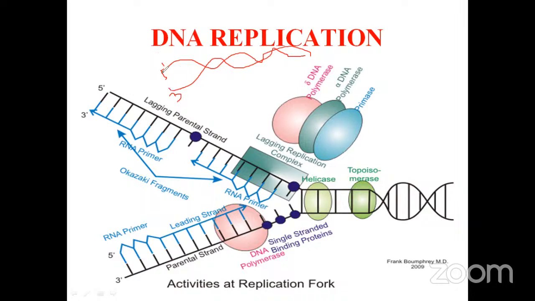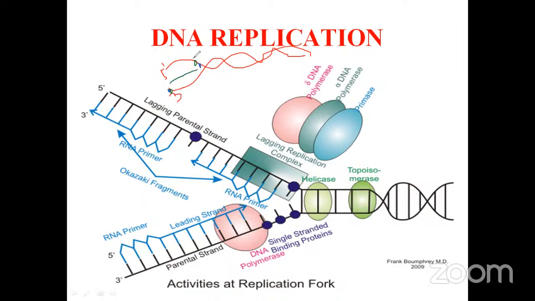After the primer, this is the 5' end, and this end should be the 3' end. Let's change color. This is the 3' end, blue color primer. Now the primer attracts the polymerase enzyme, in green color. Here also polymerase. Now tell me the direction of synthesizing DNA: always 5' to 3'. So here 3' end, 5' end here, and this direction is 5' to 3'.